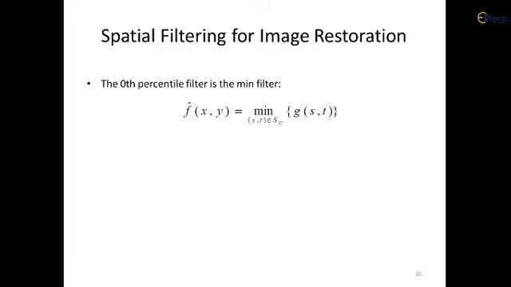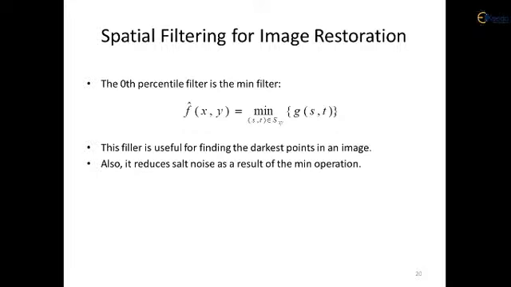The usefulness of this minimum filter is quite opposite to that of the earlier max filter. This will be helpful for finding the darkest point in the images. It also reduces the opposite type of noise to that of the pepper noise, which is the salt type of noise. So the salt type of noise can be reduced by the use of minimum filtering here.